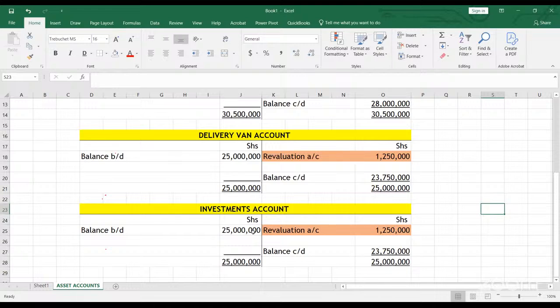Five million 550. No, it's 5.5 investments.